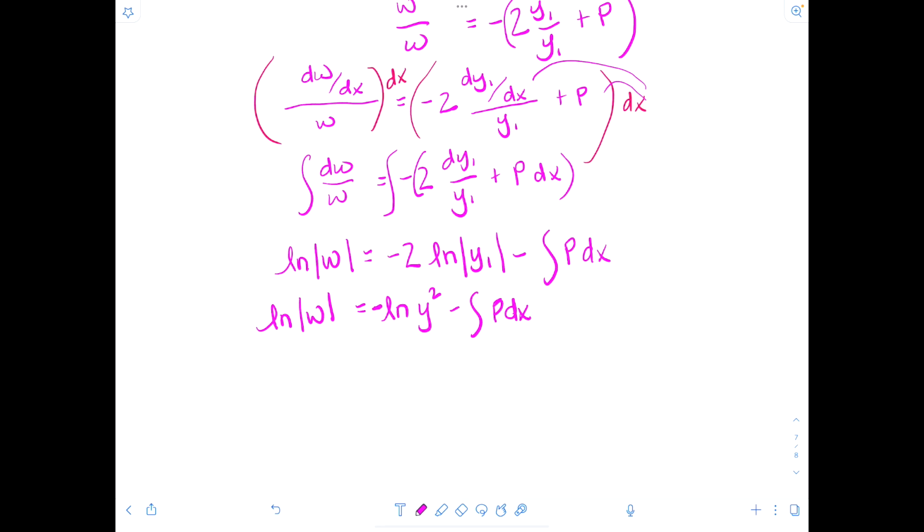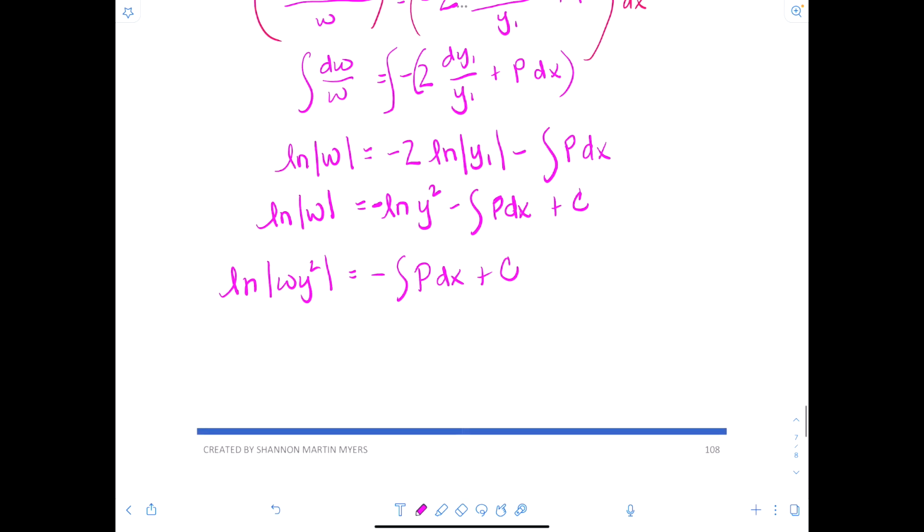I'm going to add that natural log to both sides, and then I can use properties of logs to bring them together. And then I have my constant of integration going on here: negative integral p dx plus c.